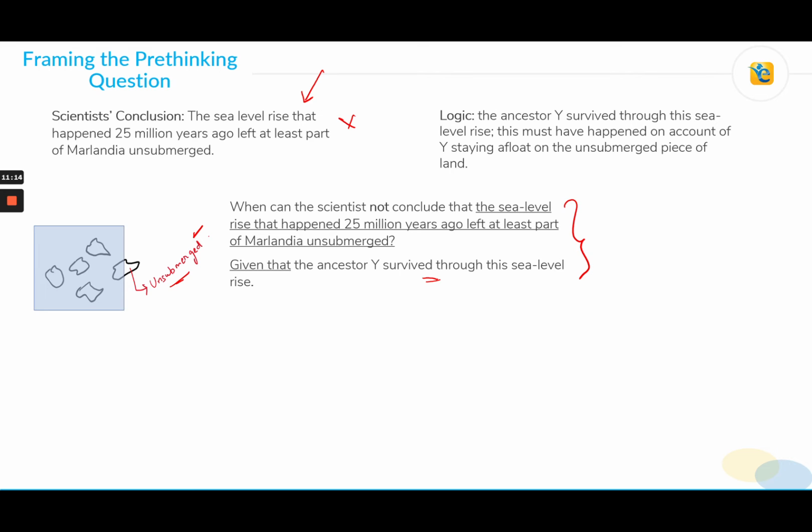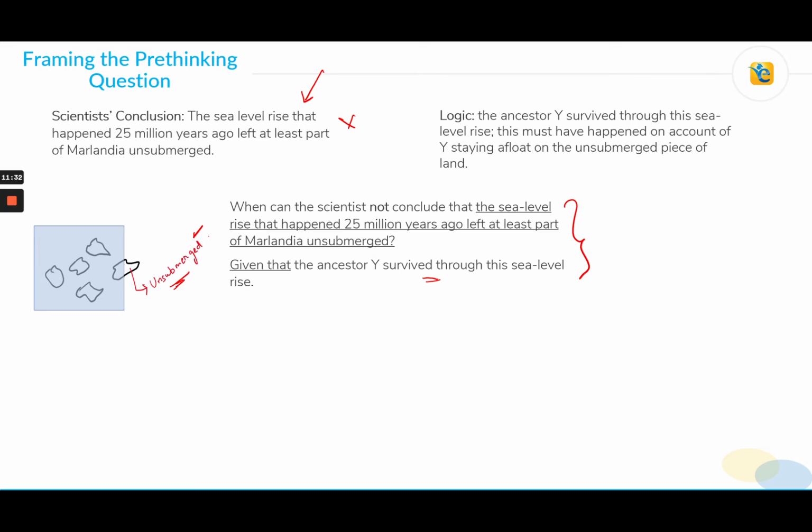Essentially, your conclusion is that there was a piece of unsubmerged land when the sea level rose. If you have to arrive at a situation where there was no such piece of land, you need to be able to explain how the ancestors survived, even if the entire Marlandian land got submerged.